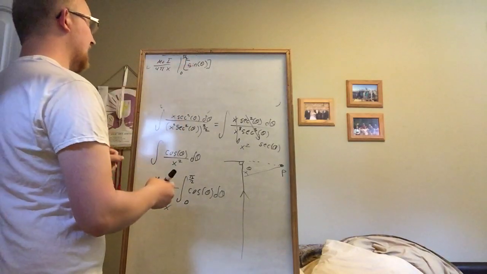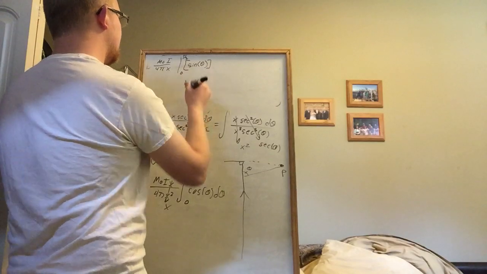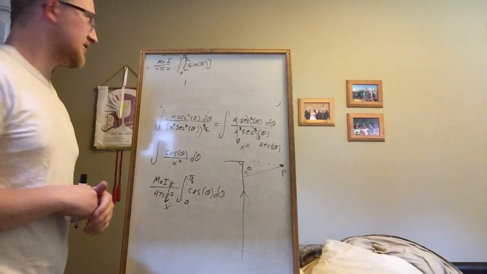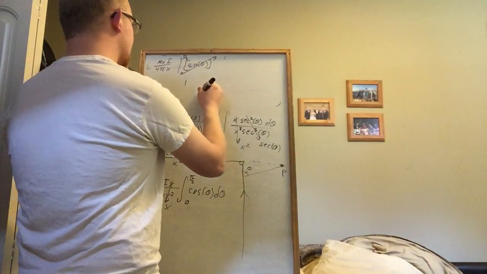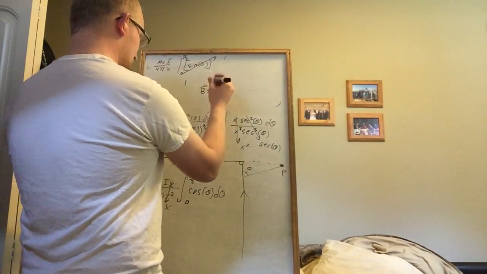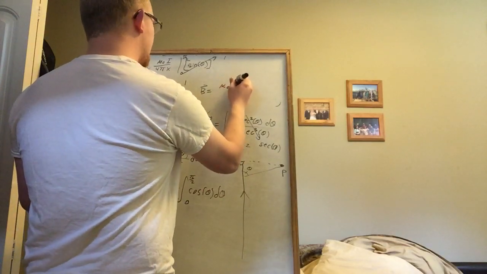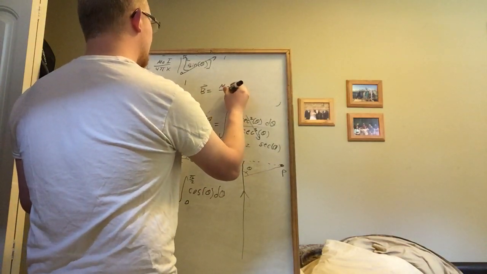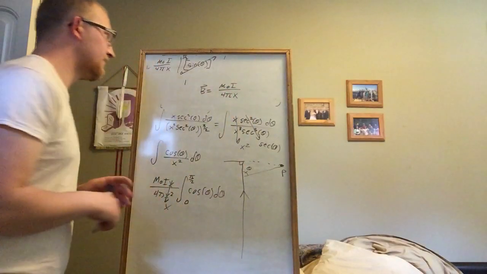And sine of 90, or pi halves, is 1, minus sine of 0, which is 0. So this all just goes to 1. And what we end up with is that the B field caused by this length of wire is equal to mu sub naught I divided by 4 pi x.